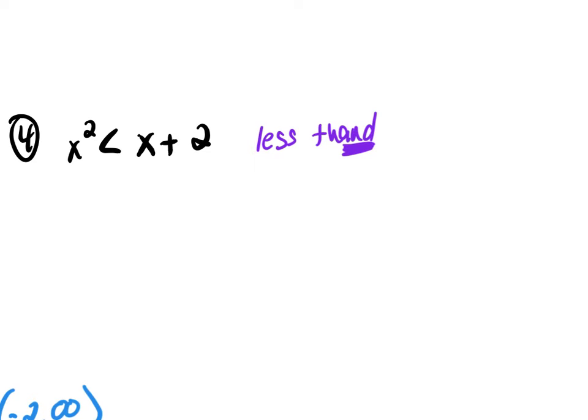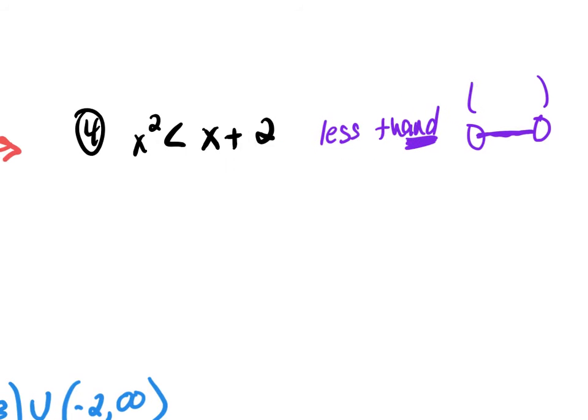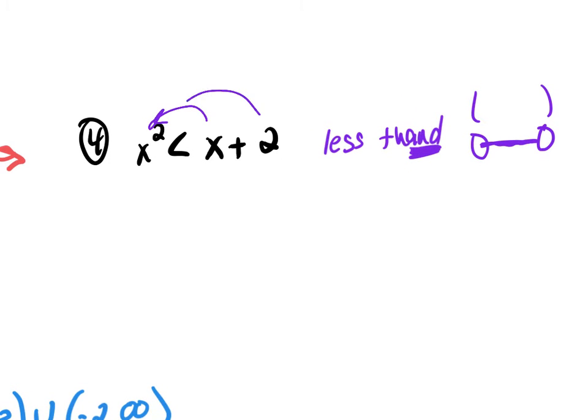Going opposite directions or in between two things? In between two things. And what in between those two things should my dots be, open or closed? Open. If you need to, guys, put open and then put parentheses above it, because open means parenthesis. Closed is a bracket. So now we're going to just solve this like you would any other equation.